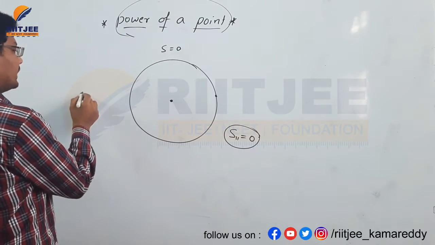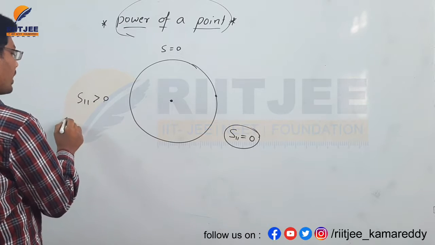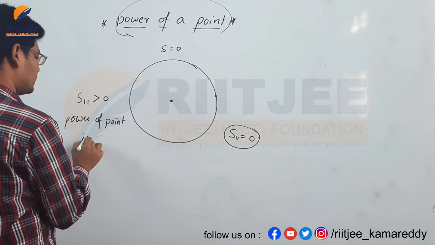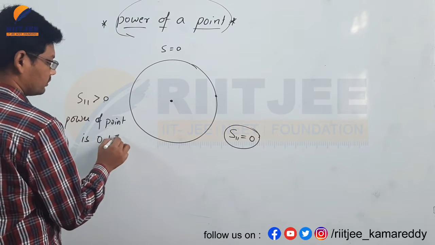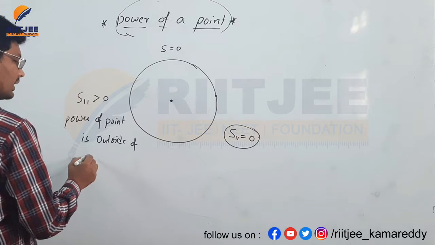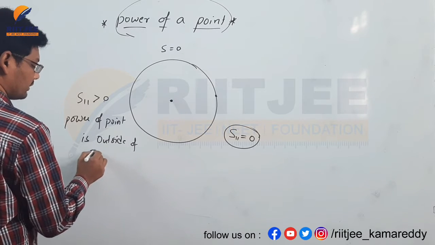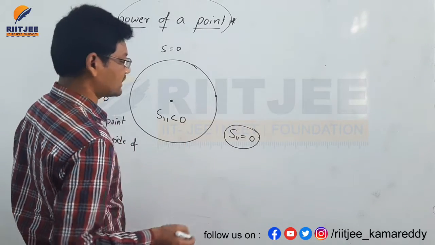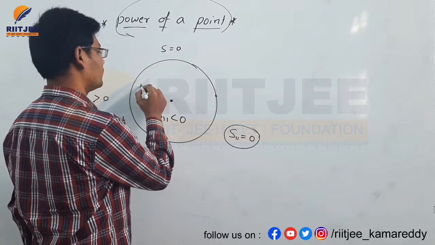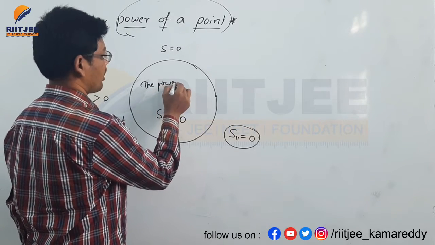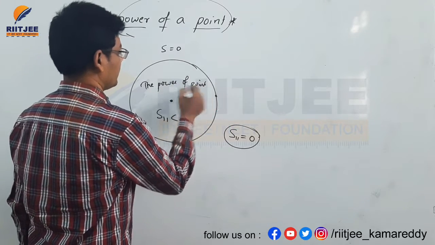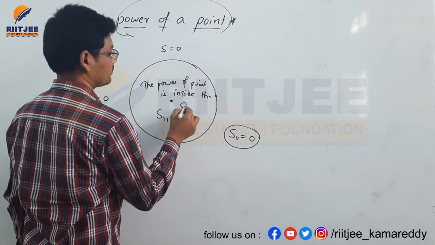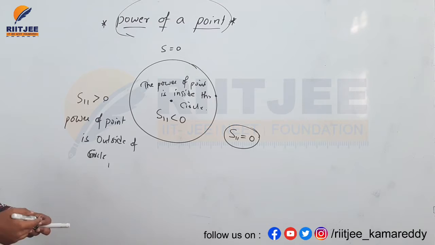If S11 is greater than 0, the point is outside of the circle. And if S11 is less than 0, the point is inside the circle. This is all about the power of a point.